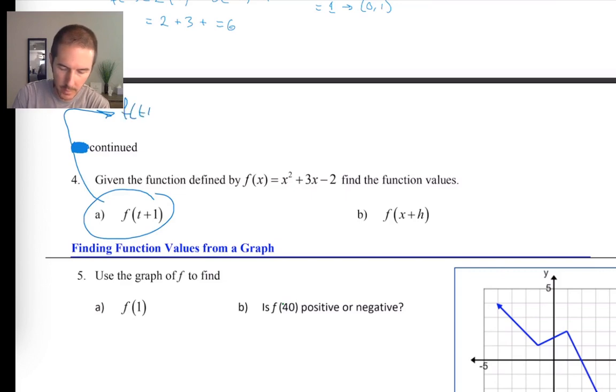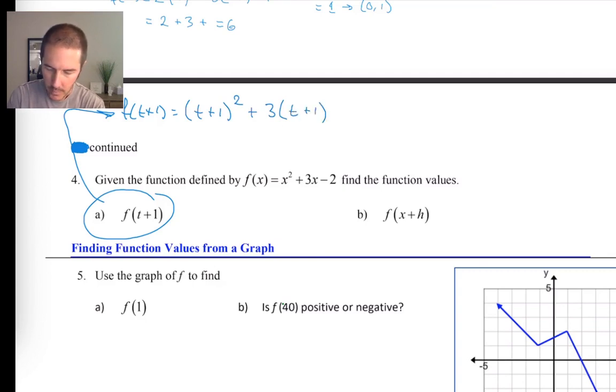f of t plus 1 equals, now remember, I've just replaced this x value with a t plus 1. So I'm going to replace this x value and this x value with a t plus 1, and you can bet I'm going to be using parentheses. So this equals (t plus 1) in parentheses squared plus 3 times my new x value of (t plus 1) in parentheses, there we go, and then with a minus 2 at the end.